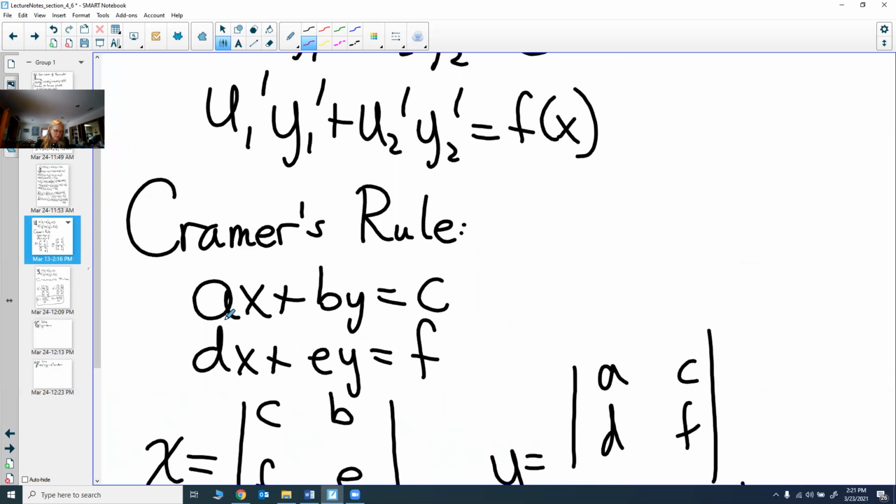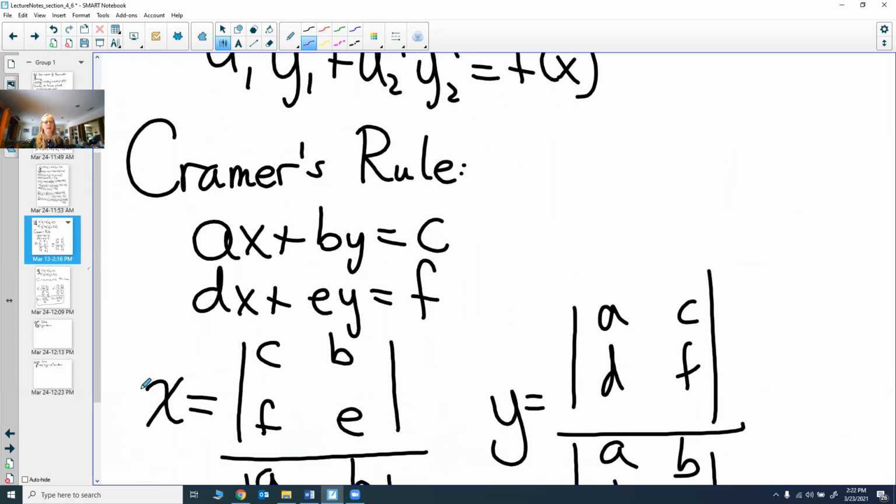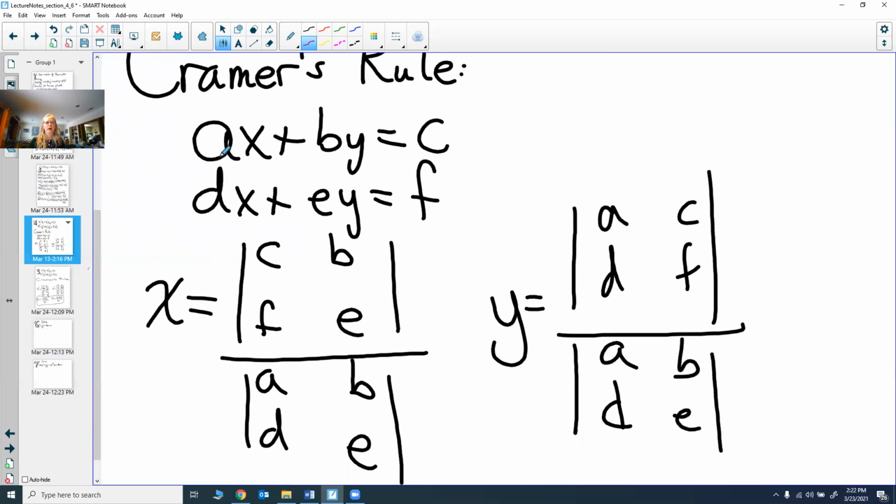Cramer's rule is where you can take a system and solve that system using determinants. You may not have ever seen Cramer's rule. The solution to x is where we take the coefficients a, b, c, d of the x and y terms and find the determinant of that. Then to find x, you replace x's coefficients with the constants on the other side of the equation, so you'd have c, b, f, e, and we find that determinant.